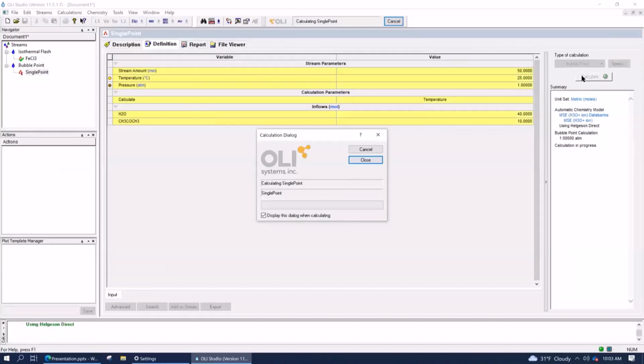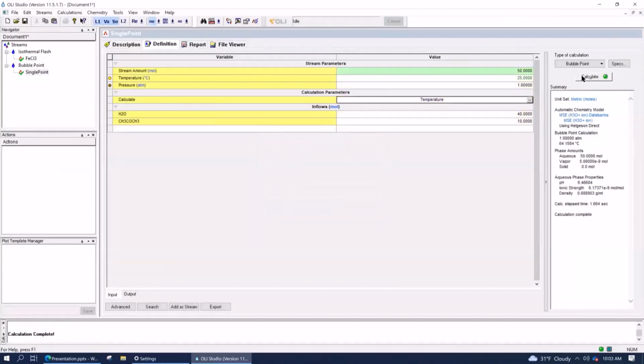What the software is doing is creating a very small bubble on top of this liquid. Then it counts, so it knows how many moles of vapor there are and how many moles of liquid there are. Then the software is going to adjust temperature until that amount of vapor is calculated. In other words, it's kind of like adding a controller. I'm going to set the vapor to essentially 10 to the minus 9 moles.